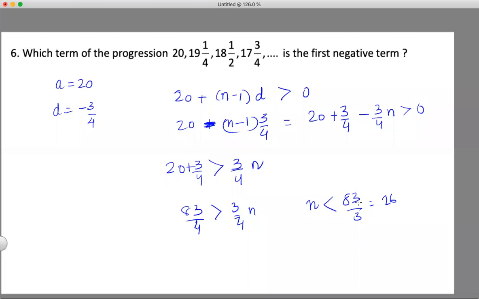So 27.6, right? 27.67. So n has to be less than this for this to happen. The largest value of n comes out to be 27, right? Because n has to be integral. So the largest value of n is 27.